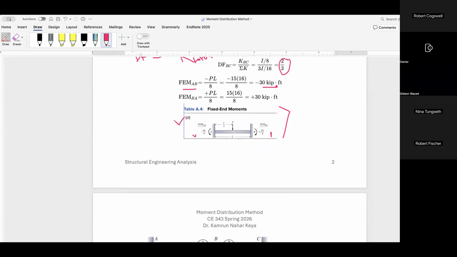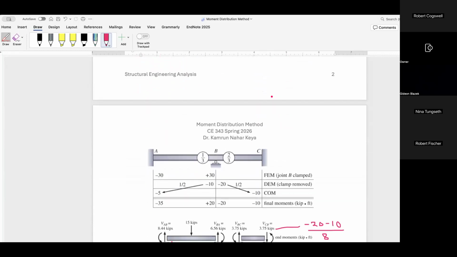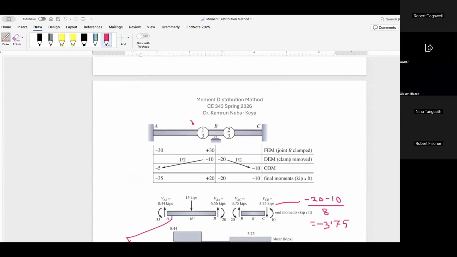Then we are going to use those values to see how they are distributed to the other points. We already know the distribution factor. You need to draw the beam again, and then write the distribution factor.